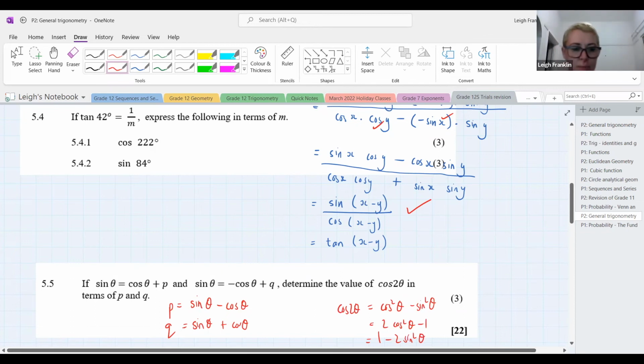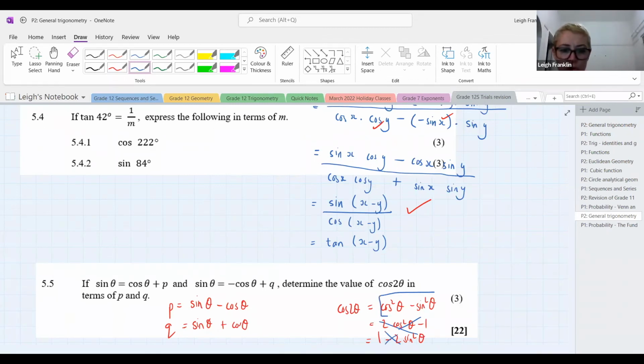Okay, so now because we've got a sine theta and a cos theta, we're not going to consider this or this, because our answer is in terms of both. So we're looking carefully at this. How do we create that? Where does it come from?